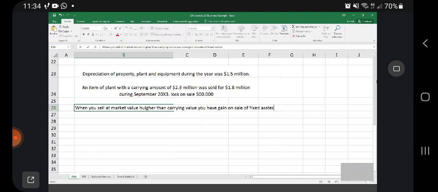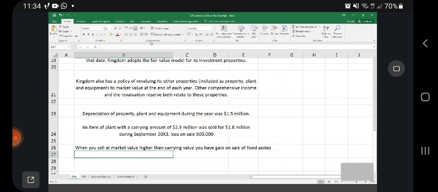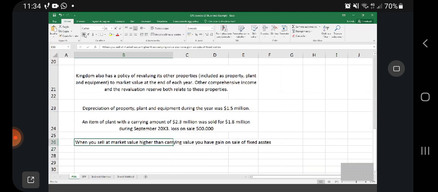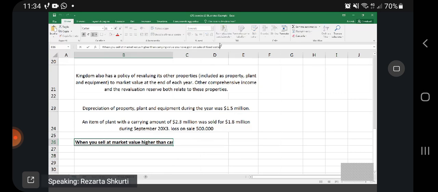So once again, when you have a market value higher than the carrying value, you are selling at a gain. This is a gain from selling fixed assets. Why am I writing that? The gain on sale of fixed assets is not a monetary transaction.